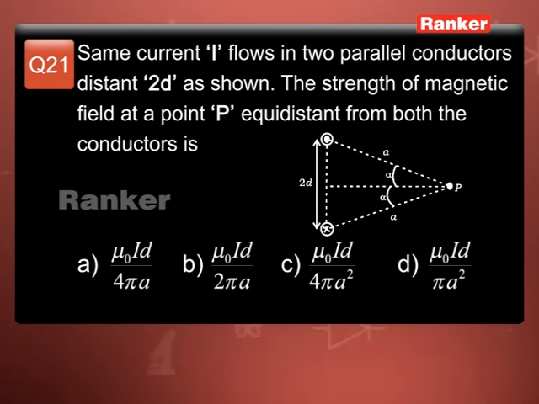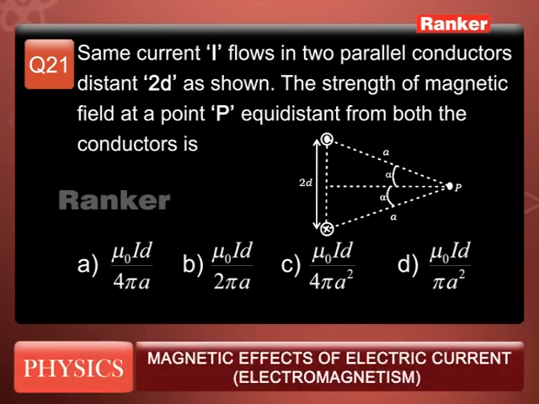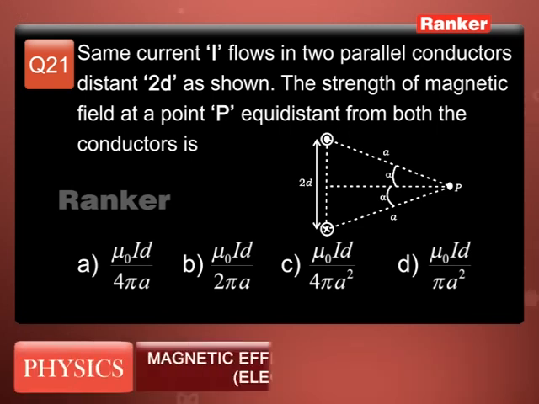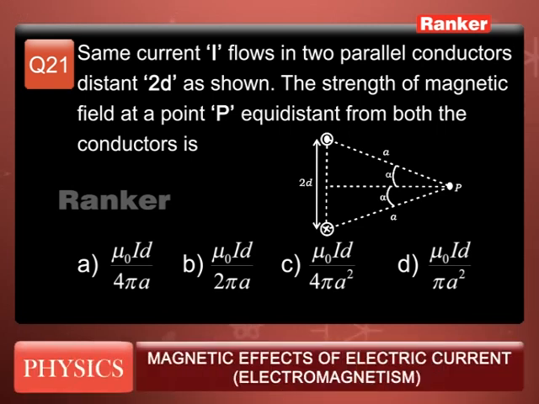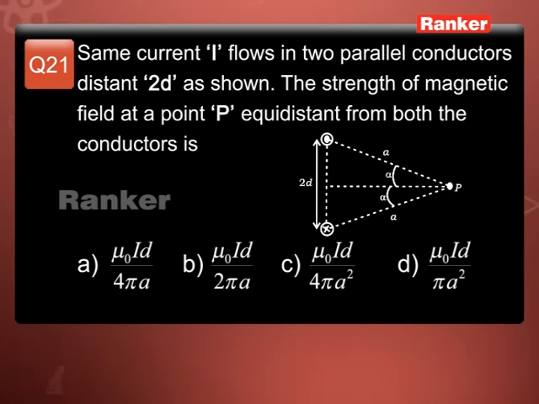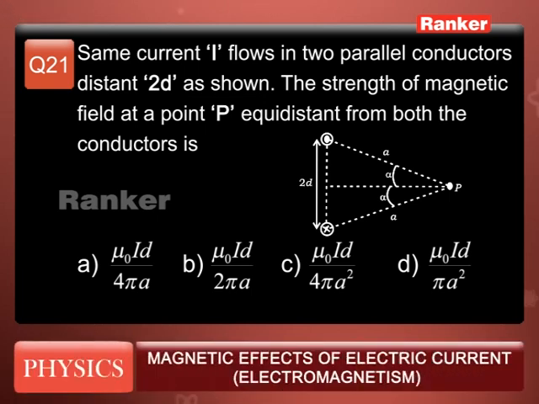First option is mu naught I D by 4 pi a. Of course, a is the distance to that point, as mentioned, and 2D is the distance between the parallel conductors carrying currents. The second option is mu naught I D by 2 pi a.